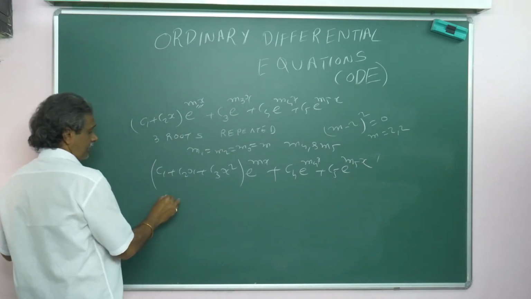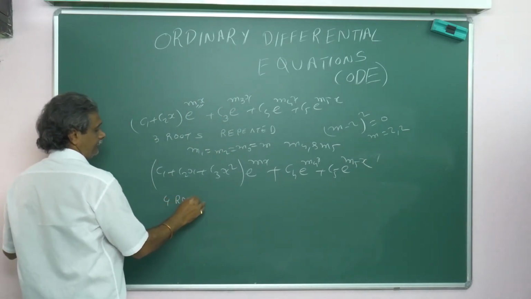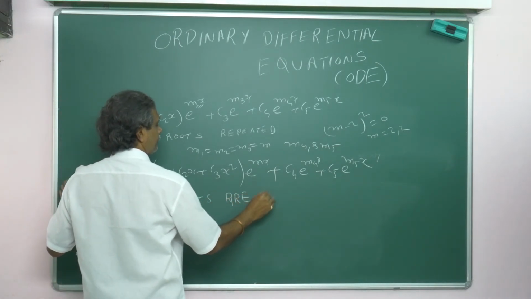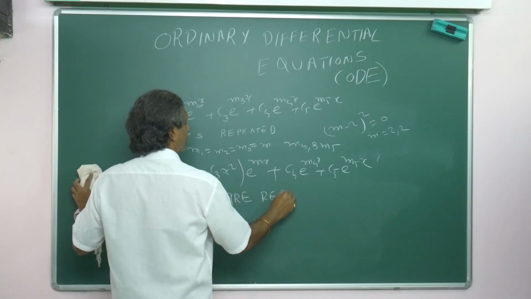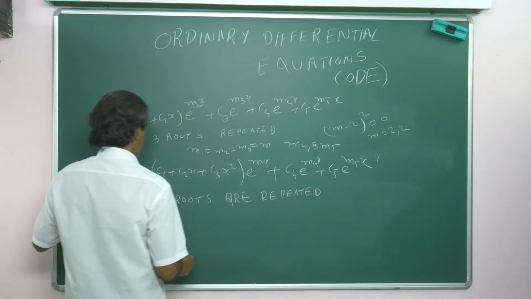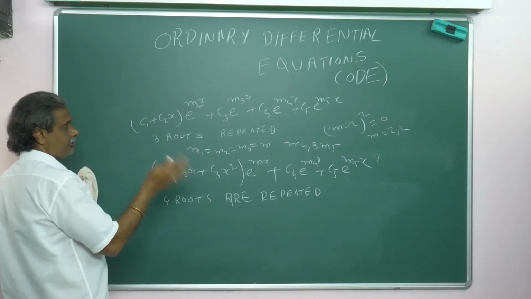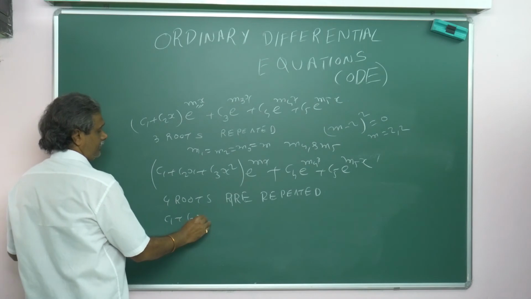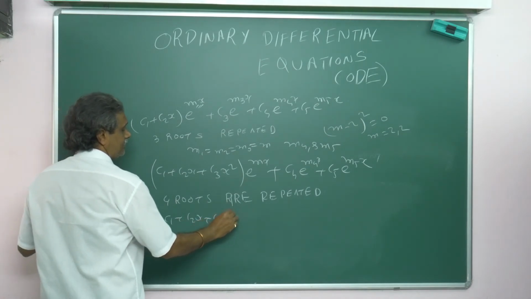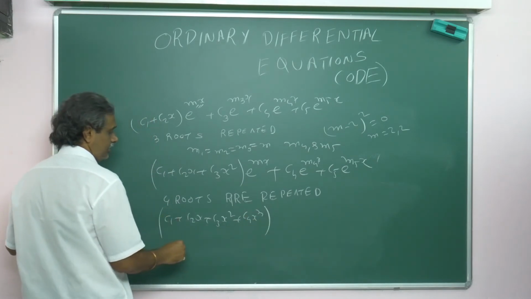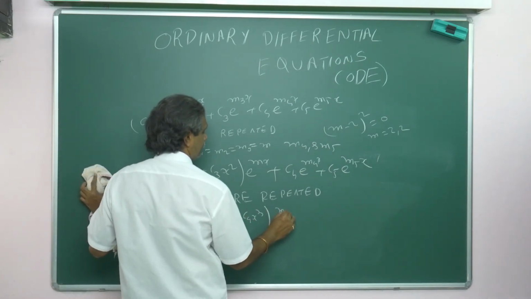Suppose 4 roots are repeated. Then what will you do? Take again 5 constants, because total roots are 5. Then C1, C2x, C3x square, C4x cube, 4 roots, 4 constants, e to the power of mx.